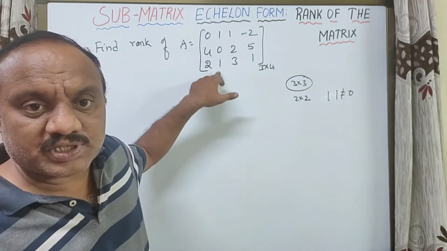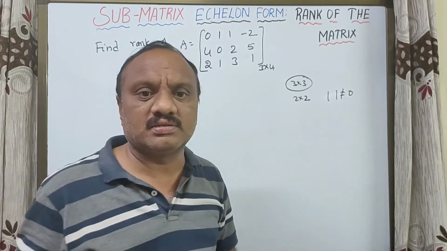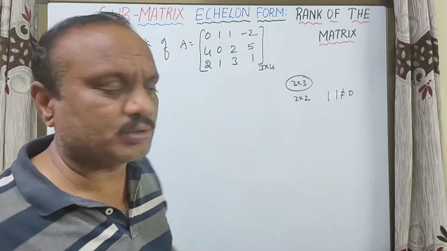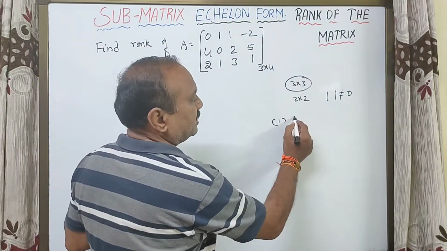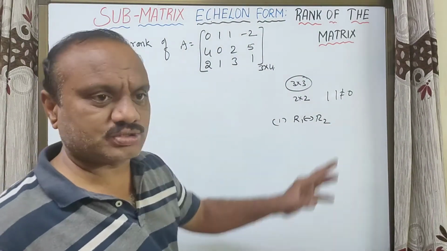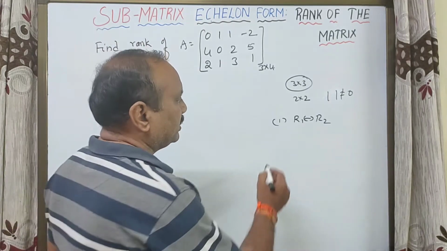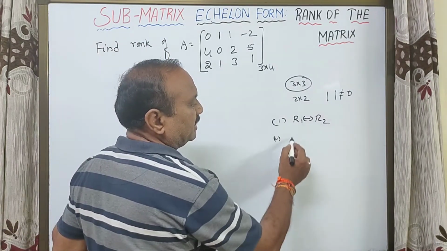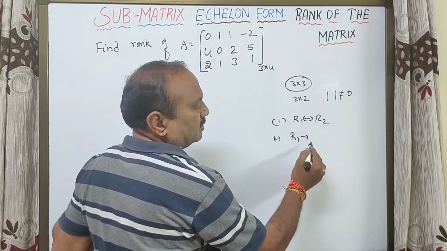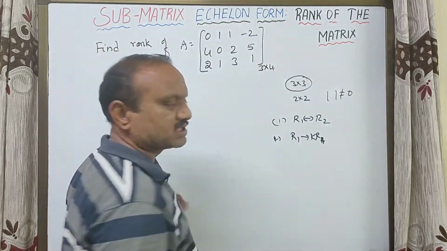Elements of one row are added to the corresponding elements of another row by multiplying by some scalar. These are called elementary row operations. First one is interchange of rows: R1 interchanges with R2, R3 interchanges with R2, like that. Second, multiplying the elements of a row by some scalar, some constant.